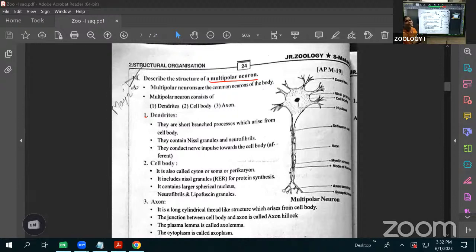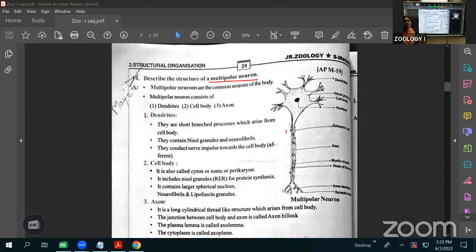Multipolar neurons are of two types: myelinated multipolar neurons and non-myelinated multipolar neurons. Where the myelin sheath surrounds the axon, we call it a myelinated multipolar neuron. Where the myelin sheath is absent, we call it a non-myelinated multipolar neuron.